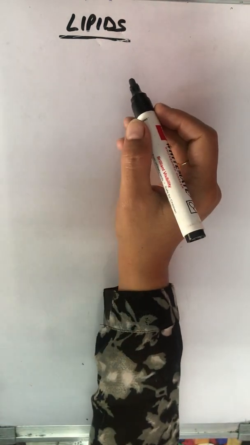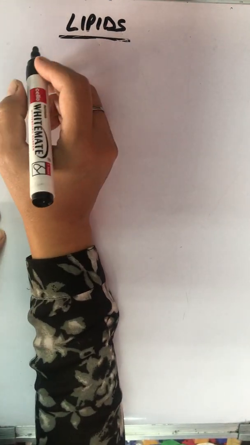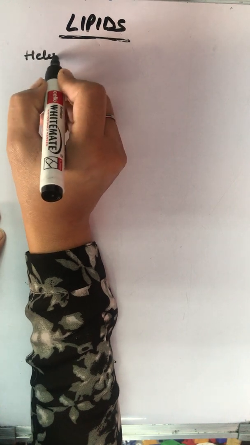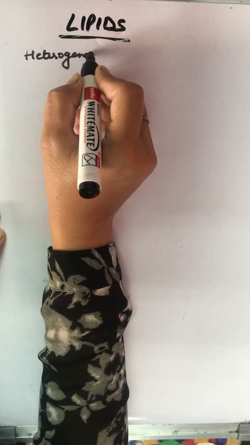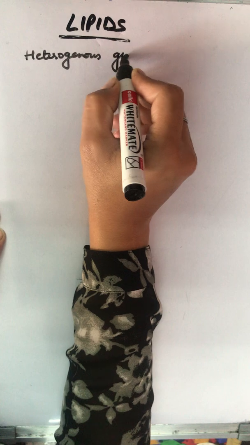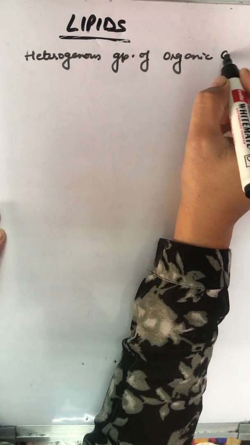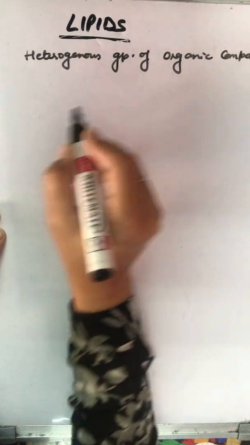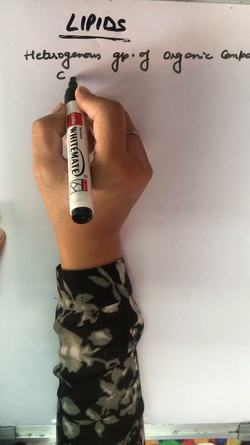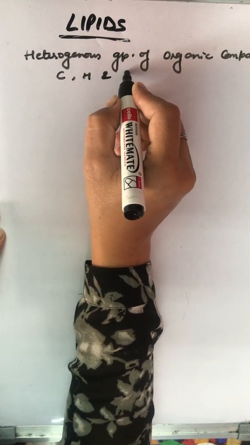Starting with lipids. First of all, what are lipids? A heterogeneous group of organic compounds which are made up of carbon, hydrogen and few atoms of oxygen.